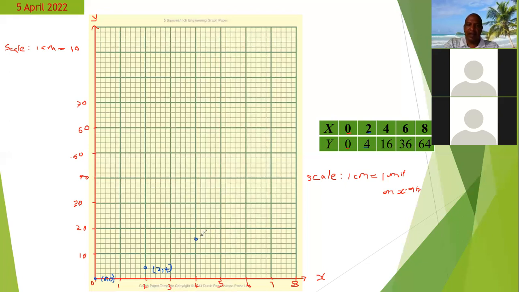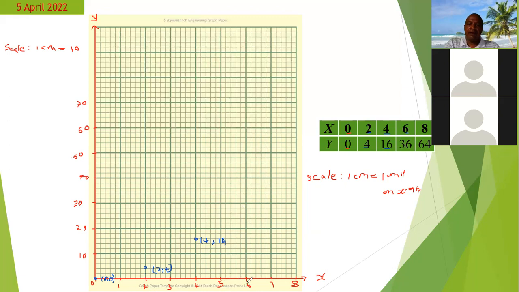So here we would have x equal to 4, and we have y equal to 16. All right, so our next point then would be x equal to 6 and y equal to 36.